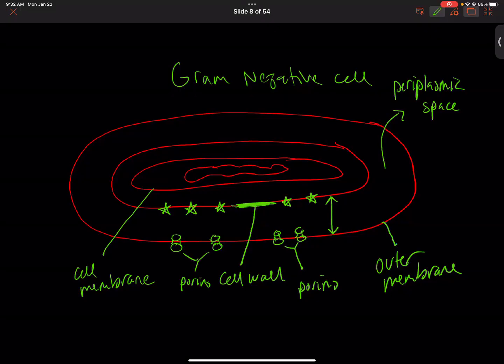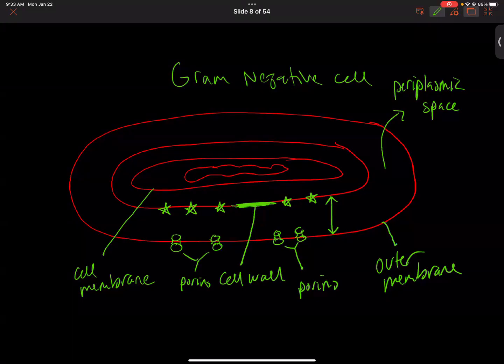And why am I mentioning this right now? Well, later on, when we start getting into resistance mechanisms, what you're going to come to discover is that bacteria, especially street bacteria, have figured out how to manipulate or modify their porin structure so that they can squeeze down on them or change the charge in them, which leads to the exclusion of a lot of beta-lactam antibiotics.